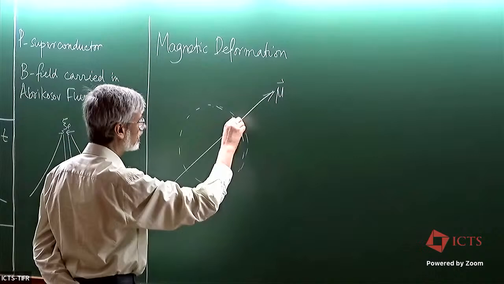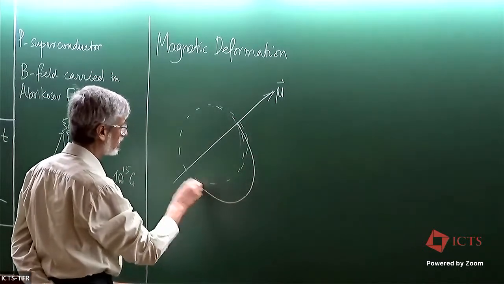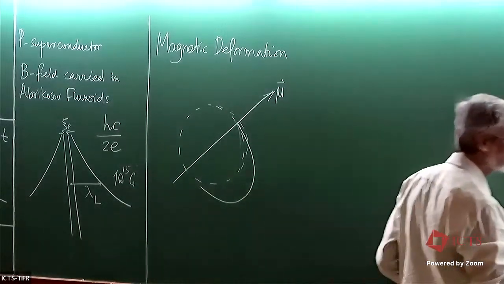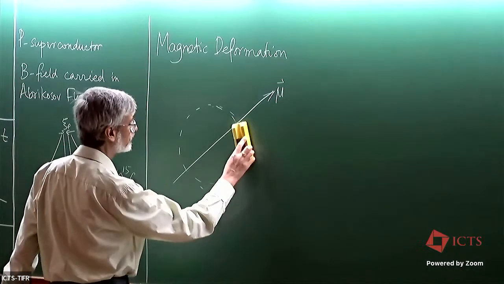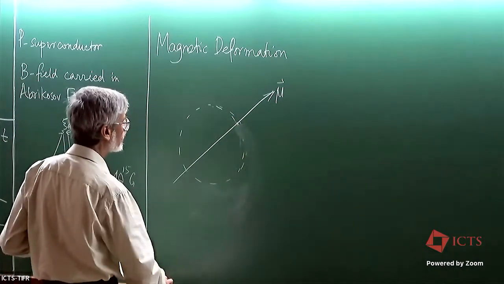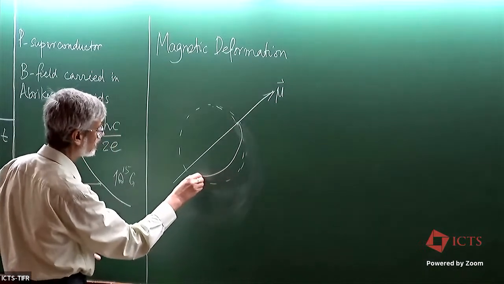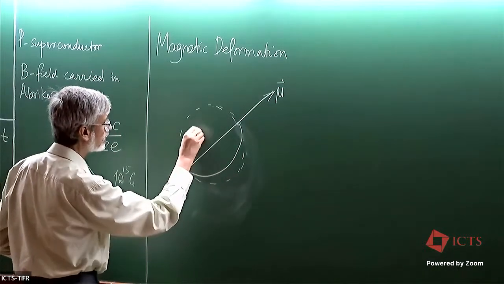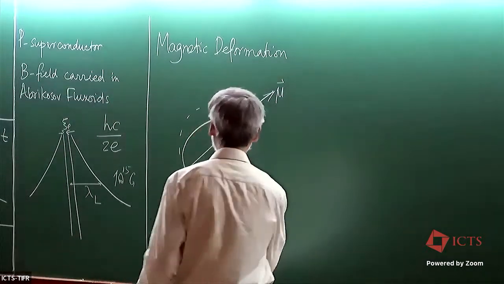Then, in an exaggerated fashion, I can consider, okay, this is only a poloidal magnetic field, then I can consider a deformed star like that.